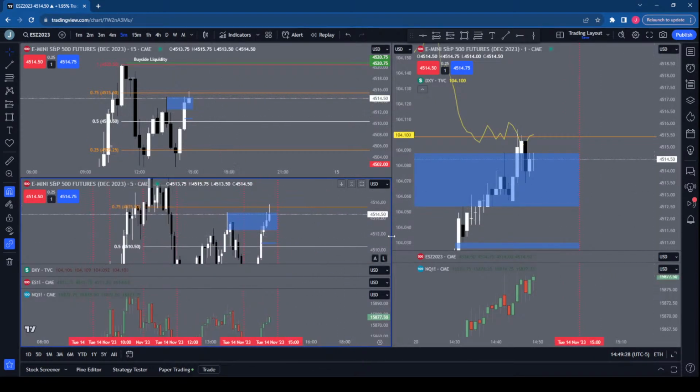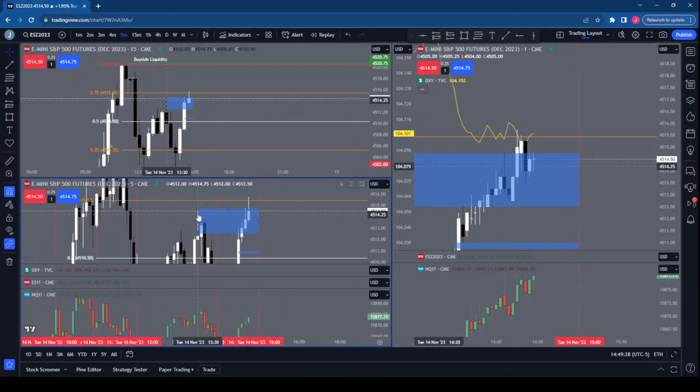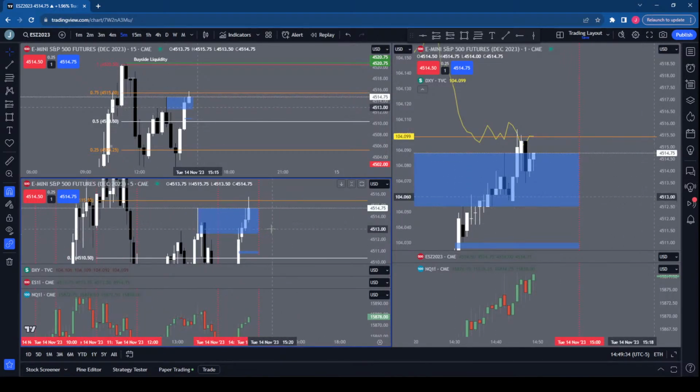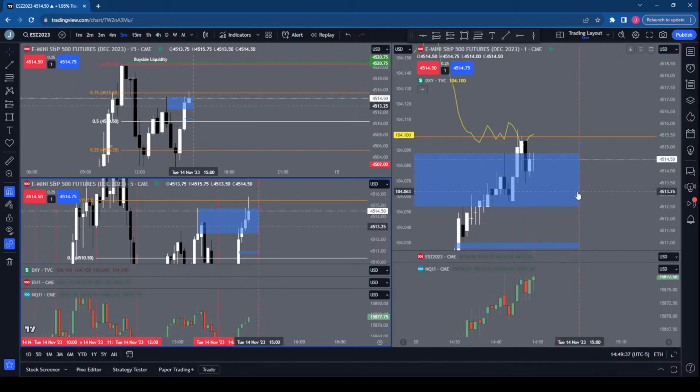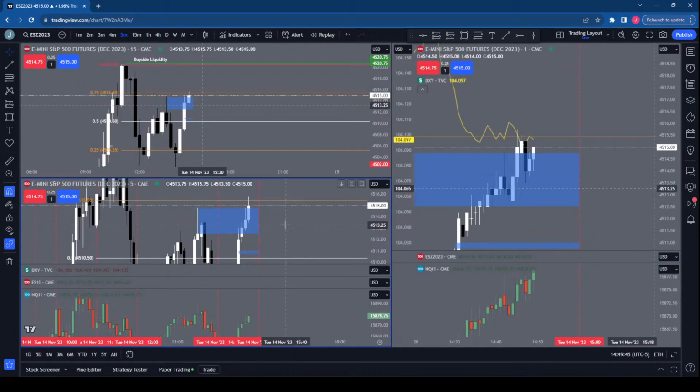I think a 5-minute close above that high would help me feel a little more confident. We got 30 seconds left on this candle, so that'll close out the 5-minute. And we'll see.